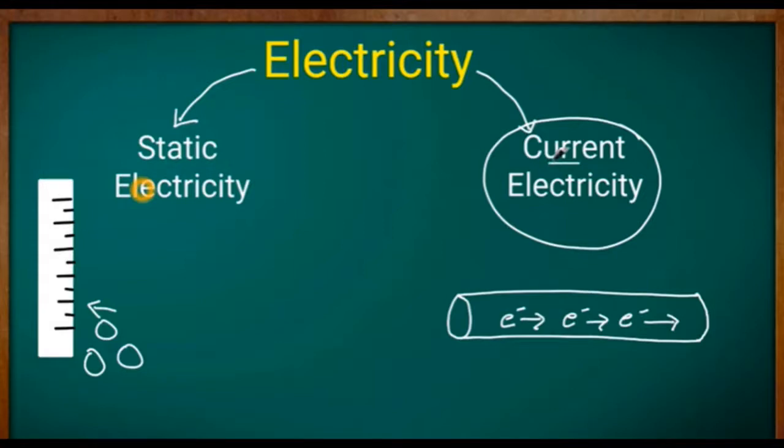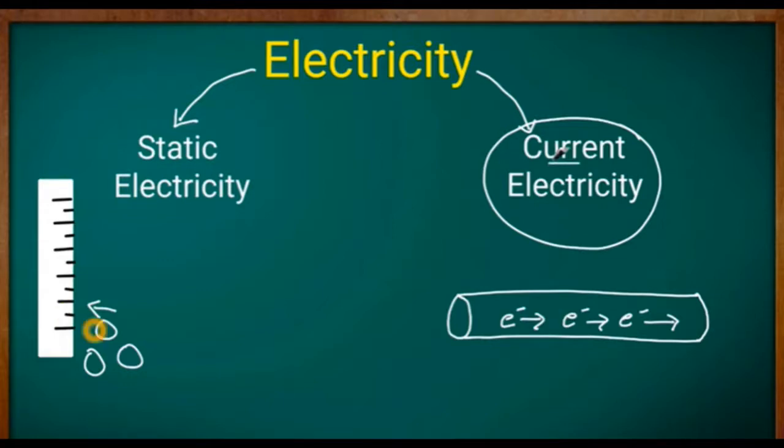They do not move. Suppose you are having a scale and you are rubbing it with your hair, then you will see that the tiny pieces of paper are attracted to the scale. So it means while rubbing, the scale acquires some kind of charge, but those charges do not move. They are stationary charges.